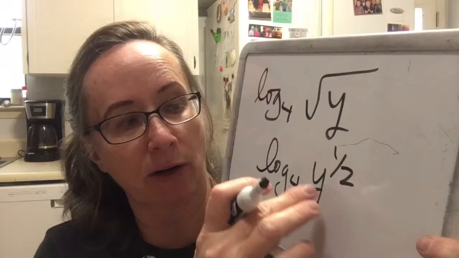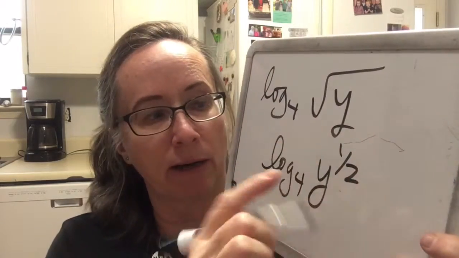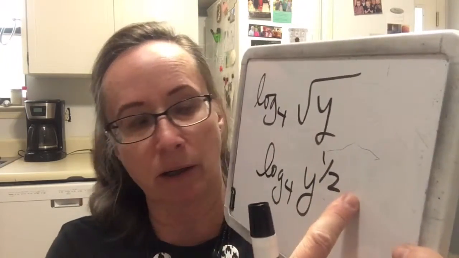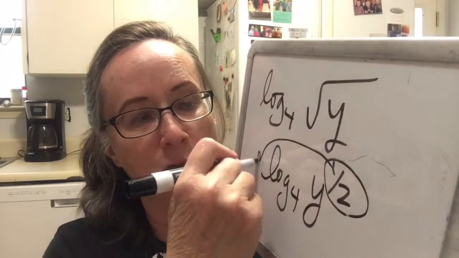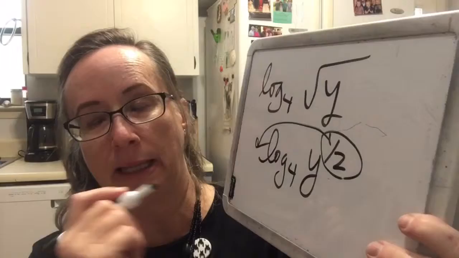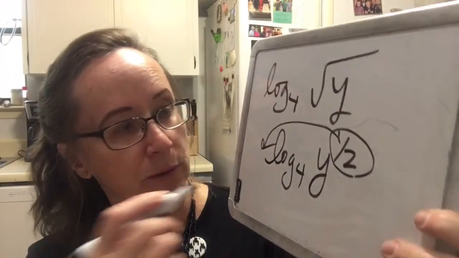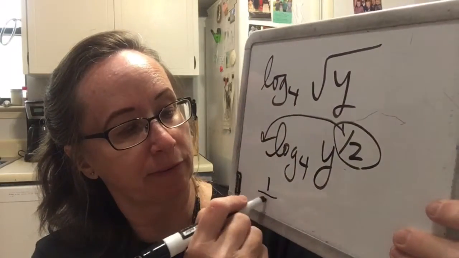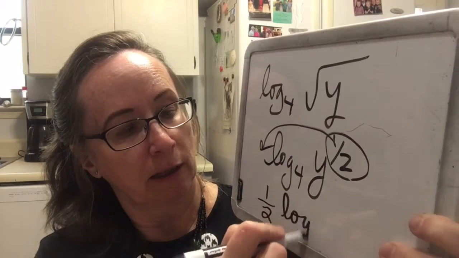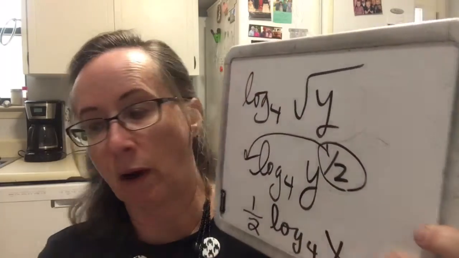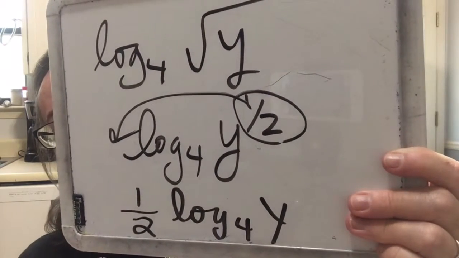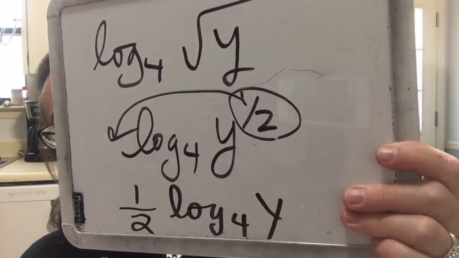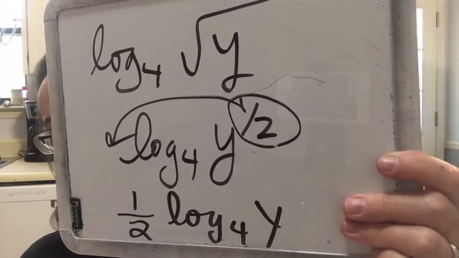Now that we have our argument expressed as something to a power, we can take our 1/2 and run it around to the front by the power rule, and we get 1/2 log base 4 of y. And that should be our final answer, and it is. We can't do anything with simplifying it any further.